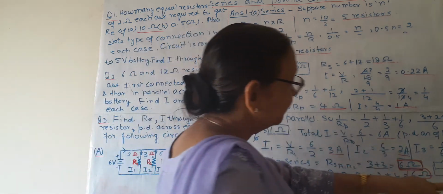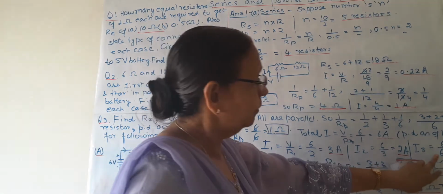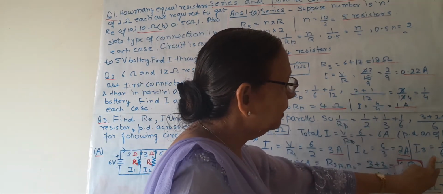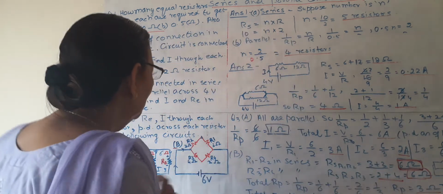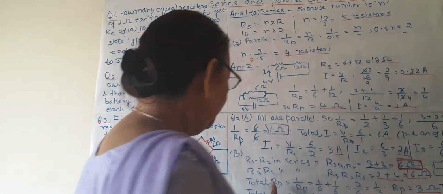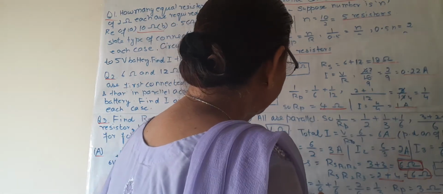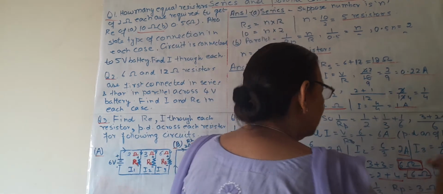Now we can see these 2 are in parallel. So we will calculate the total resistance of R5 and R6, which are in parallel. So this is Rp, 1 upon 6 plus 1 upon 6. I have taken 6 and 6 from here.